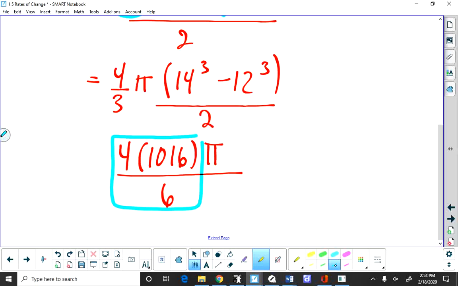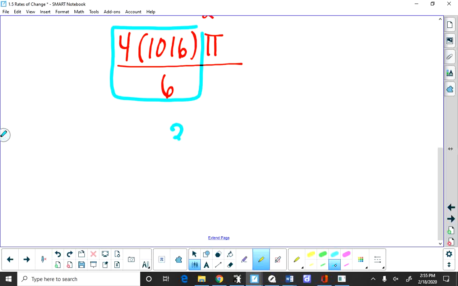I want to say 2032 over 3. So the answer is 2032 thirds pi.